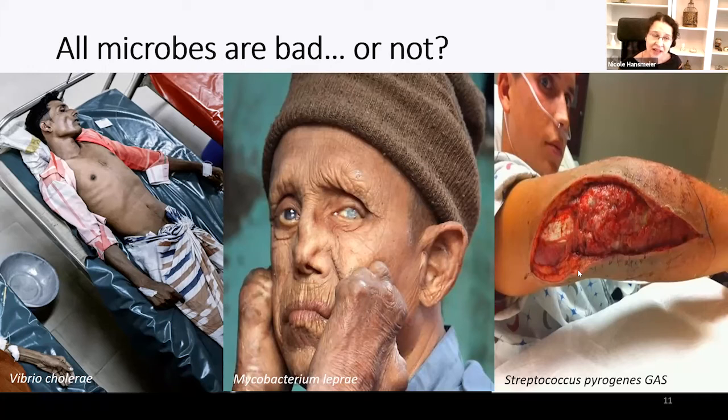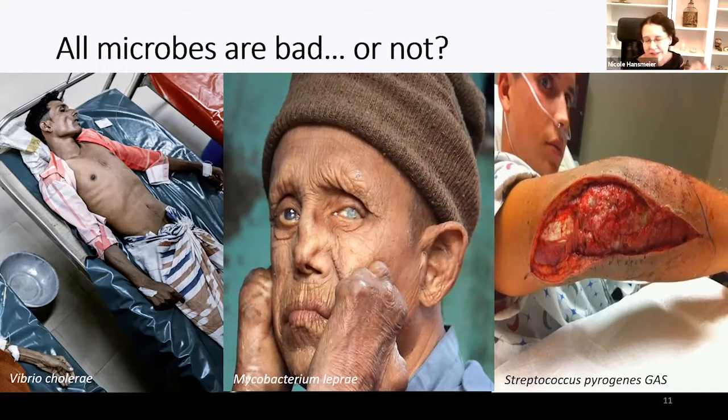So necrotizing fasciitis, this is what the disease is called. Those we know. Pathogens are listed below there. So all these pathogens can produce toxins, they trick our immune system, they feed on us, they basically grow on us and establish themselves. But is this all about microbes? Are they all mean, or are there also some good ones? And yes, this is what we will talk about.